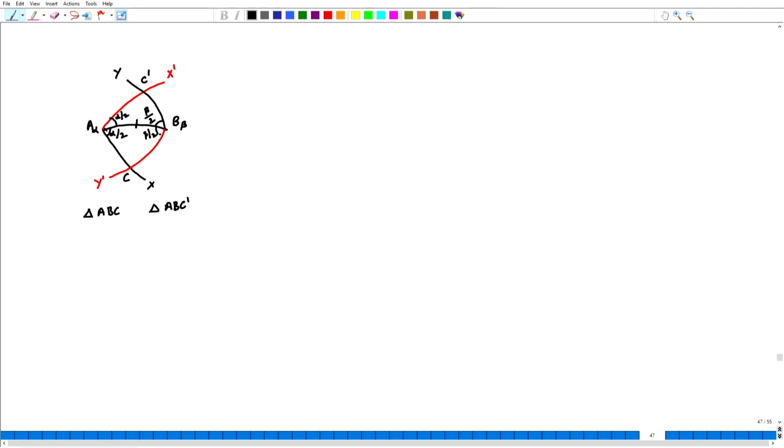Hence, just like in Euclidean geometry, the two triangles ABC and ABC prime are congruent, which would also mean that the other sides are going to be equal and the other angles are also going to be equal.